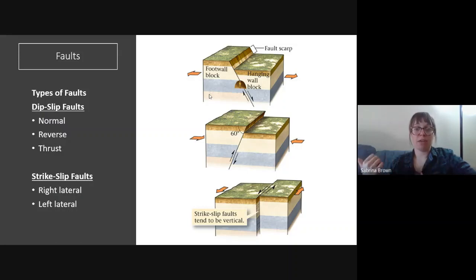And so if we have a hanging wall and a foot wall, whether they're moving up or down relative to each other can help us figure out what type of fault it is. So that's why those components are important.